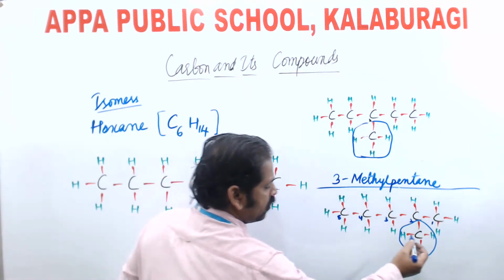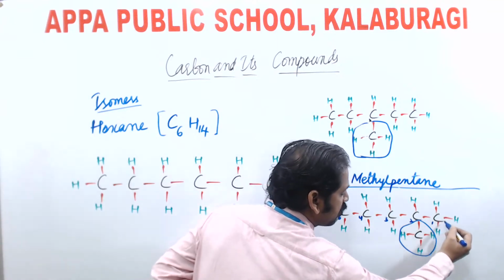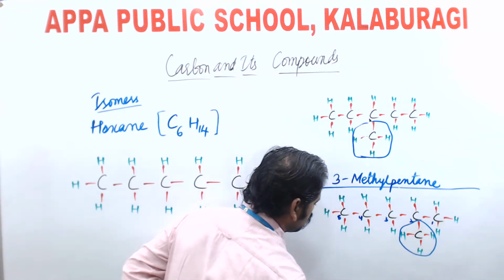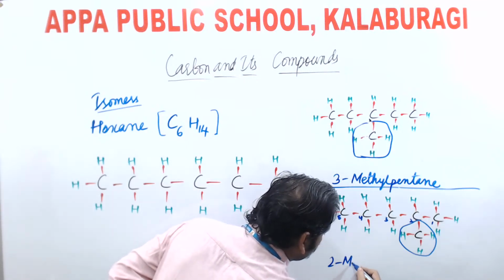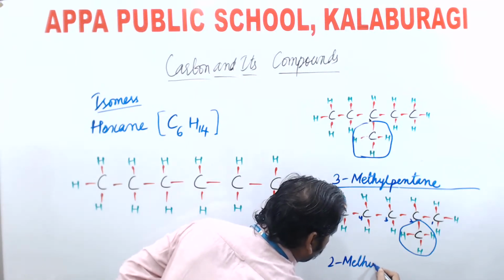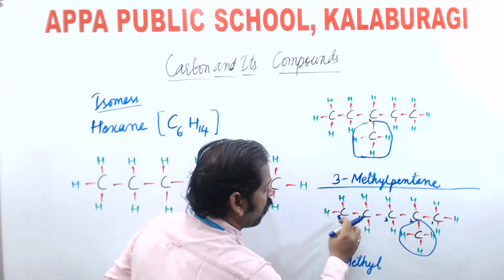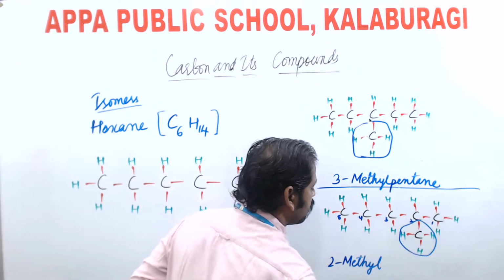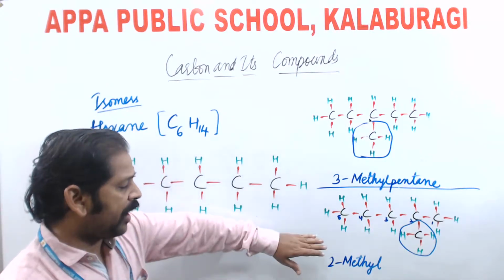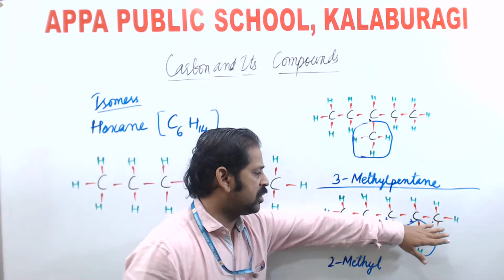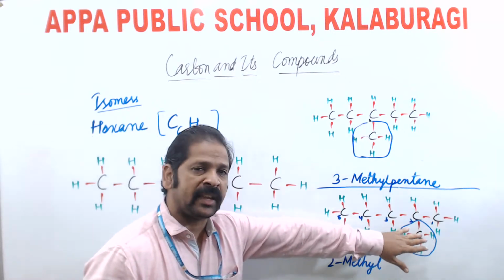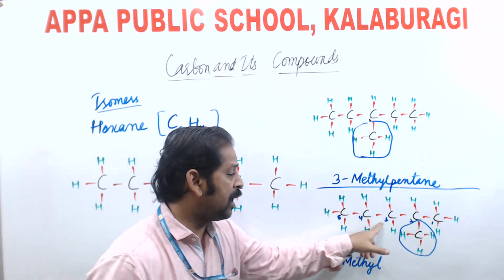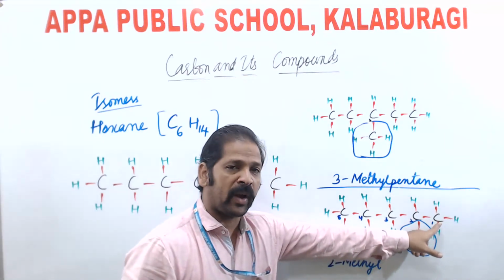This CH3 is near to this carbon, so it is called 2-methyl. Methyl 1, 2, 3, 4, 5. 2-methyl, and the number of carbons in the parent chain are 5.